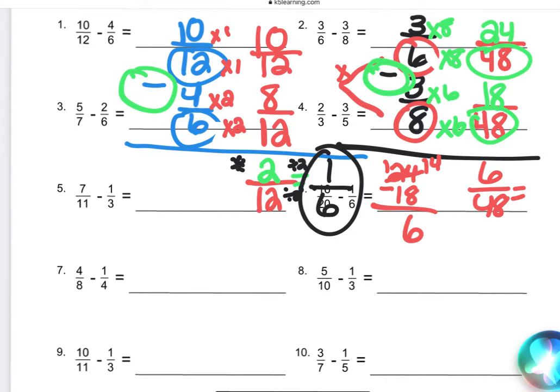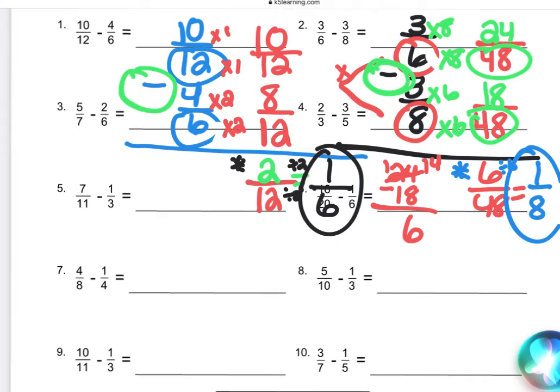But when I get 6 over 48, I immediately think to myself, 48 is a large number, so it would go lower. So I'm remembering that I was taught to start with my numerator. 6 will go into 48, so I'm going to divide them both by 6. 6 will go into 6 one time. 6 will go into 48 8 times. So my final answer is 1/8.